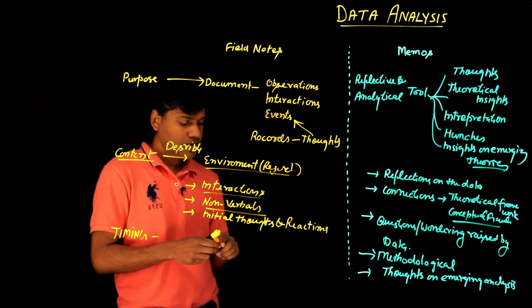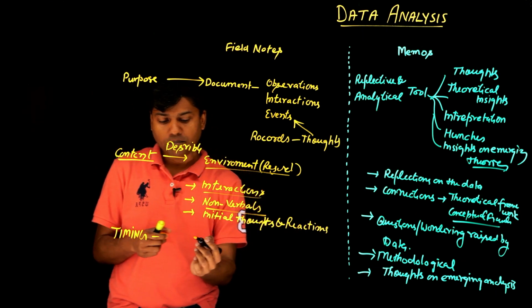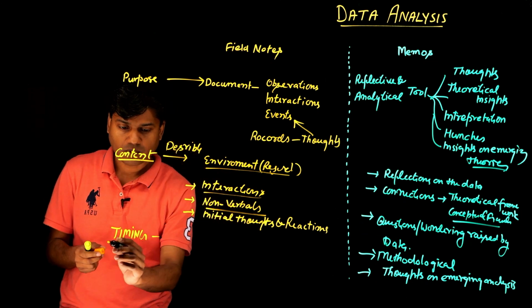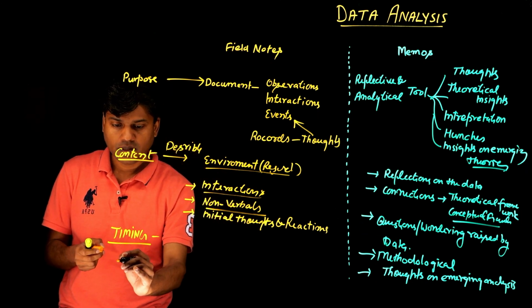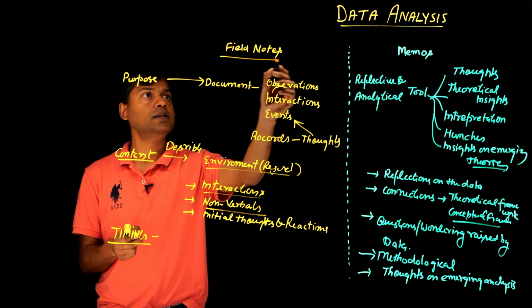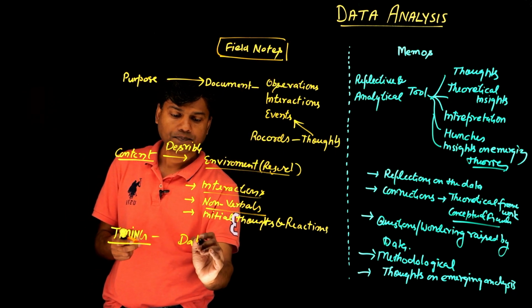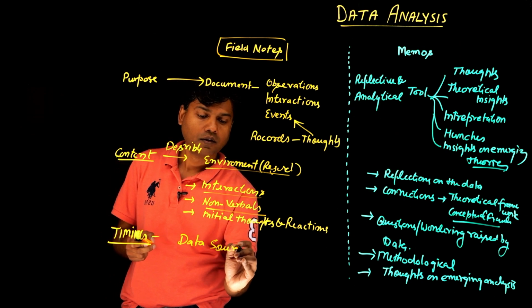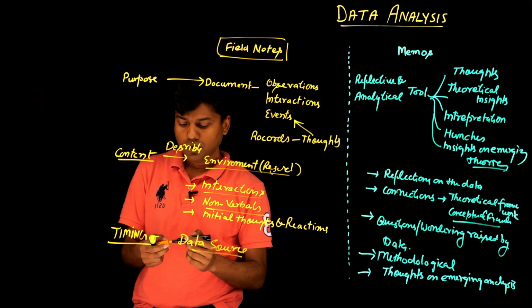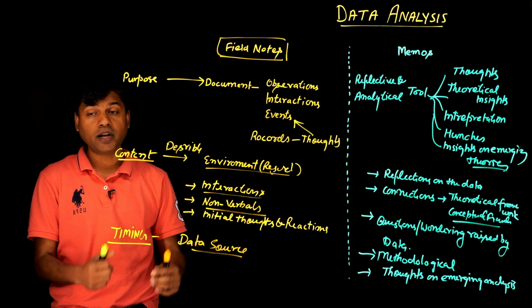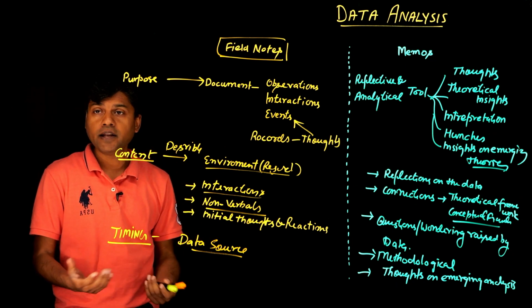In terms of data, another thing to keep in mind is that field notes are basically a data source. So when you are in the field, when you are writing your field notes, these are data actually.